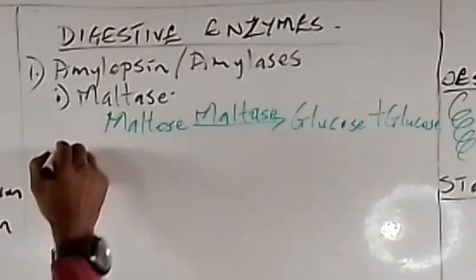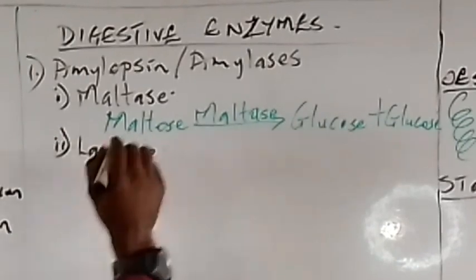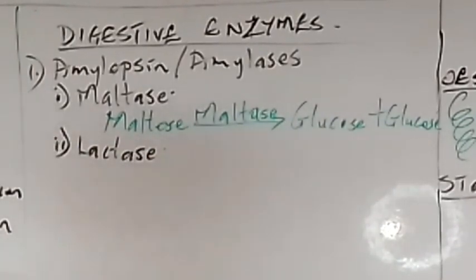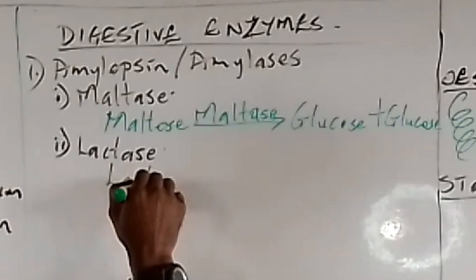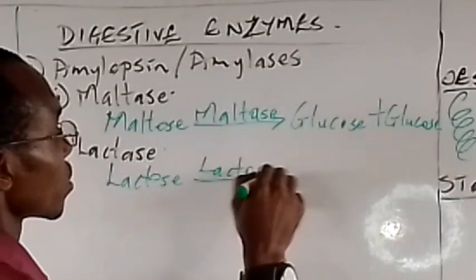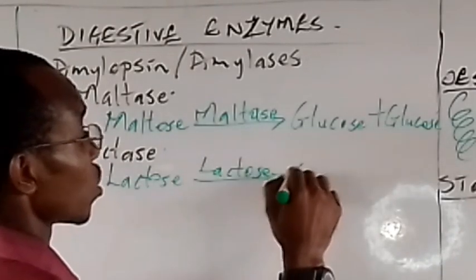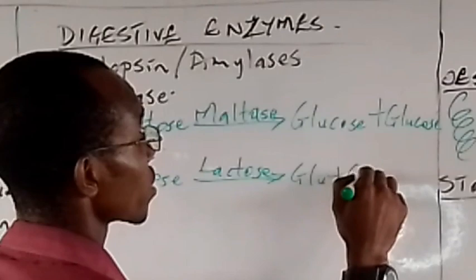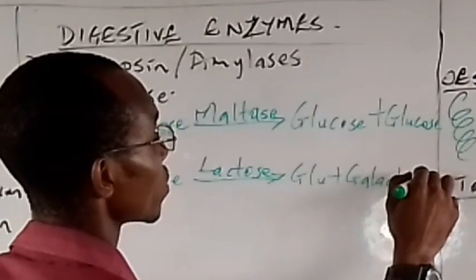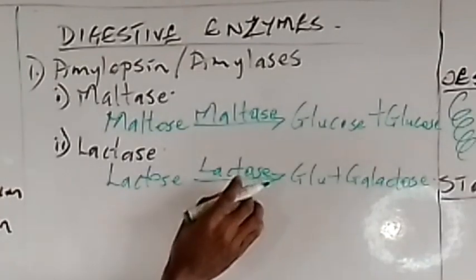And then we have the second one, which is called the lactase. Lactase acts on lactose. It converts lactose to glucose plus galactose. That is what a lactase does.